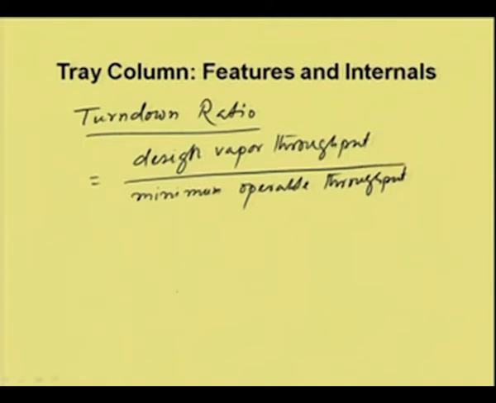Sieve trays generally have a low turn down ratio, around 2, and in case of valve tray it is around 4. The tray spacing is an important requirement to operate the column successfully.